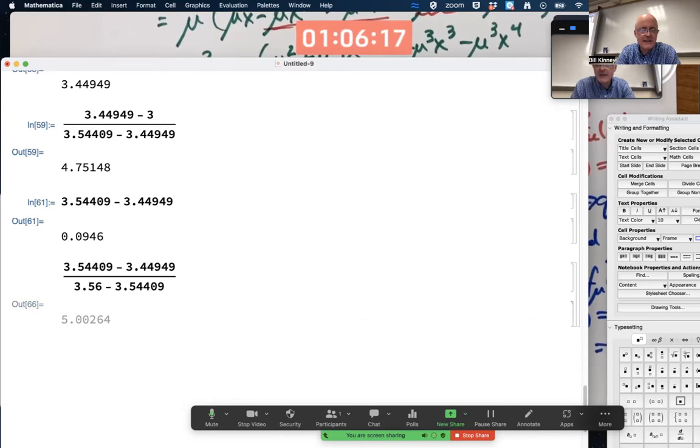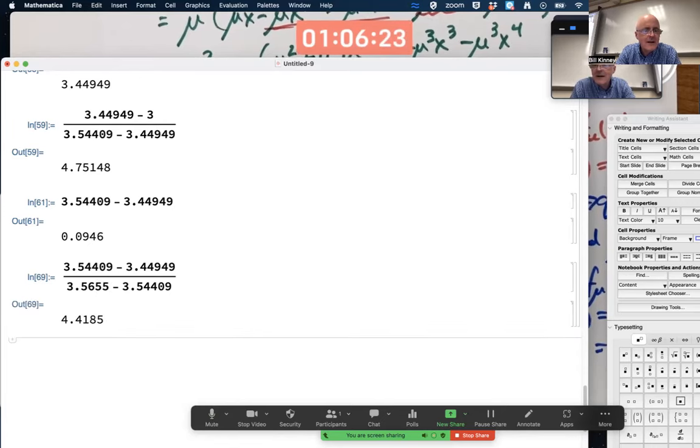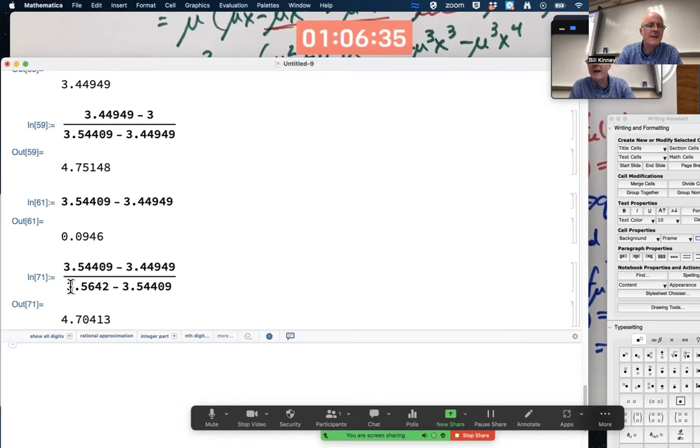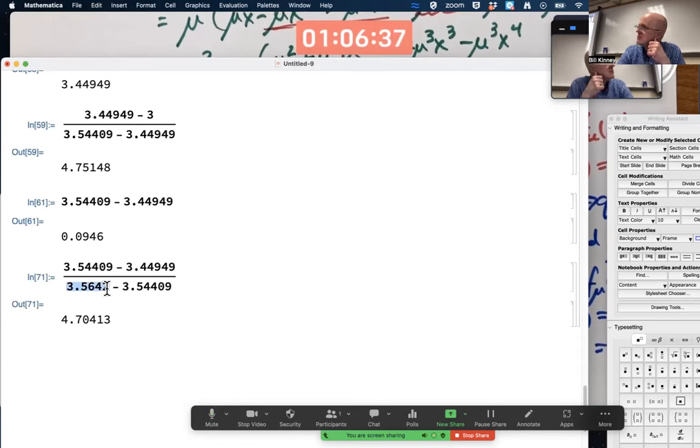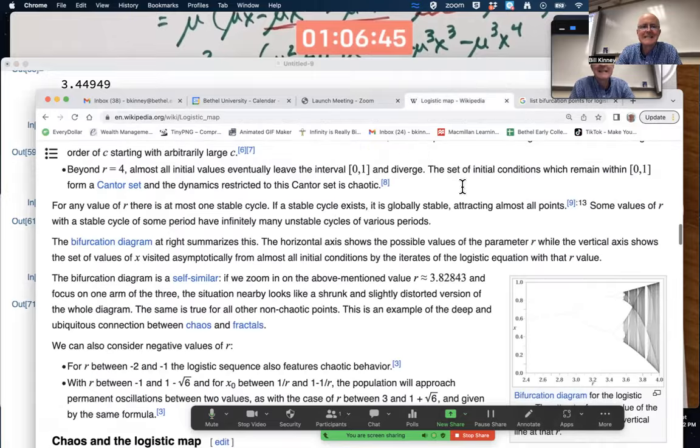I'm artificially trying to get close to Feigenbaum's constant here. Okay, we're getting close there. I mean, this is artificial. You know, maybe it's 3.5642. Because again, Feigenbaum's constant is supposed to be close to 4.669.